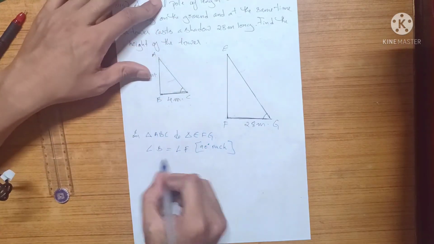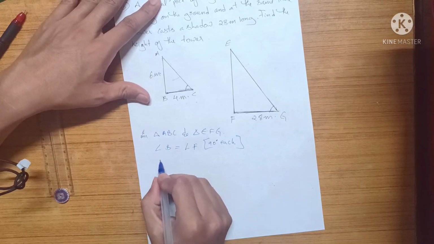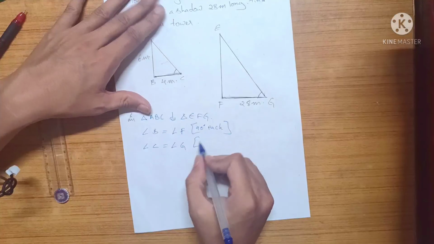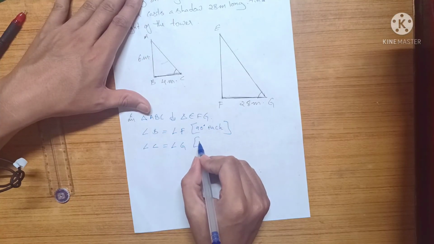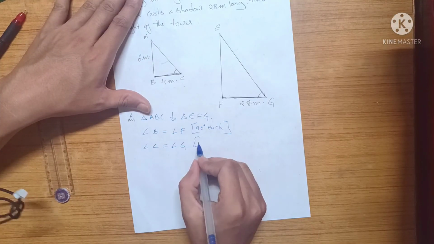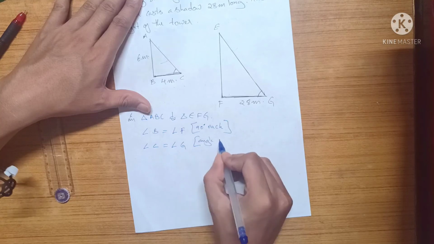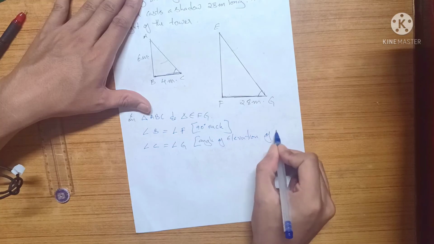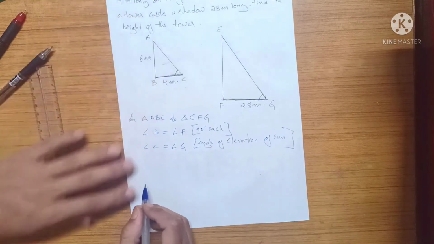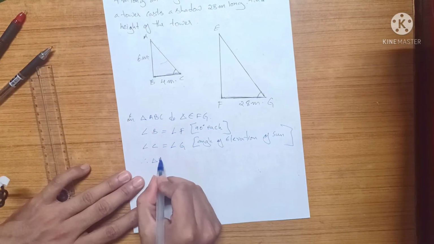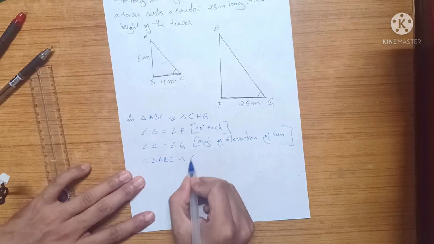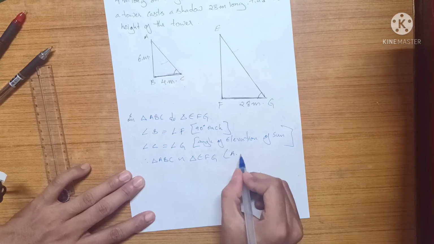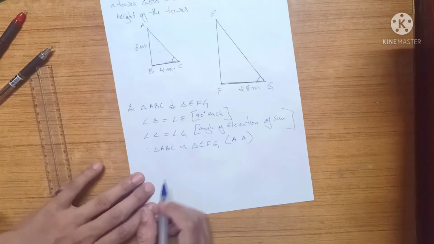Angle C equal to angle G. You can write angle of elevation of sun. Therefore triangle ABC is similar to triangle EFG by AA similarity.